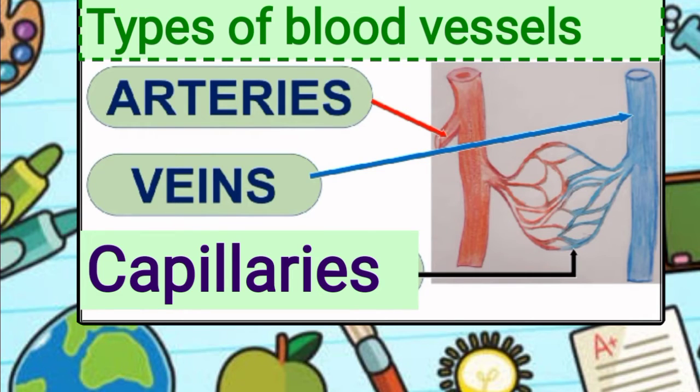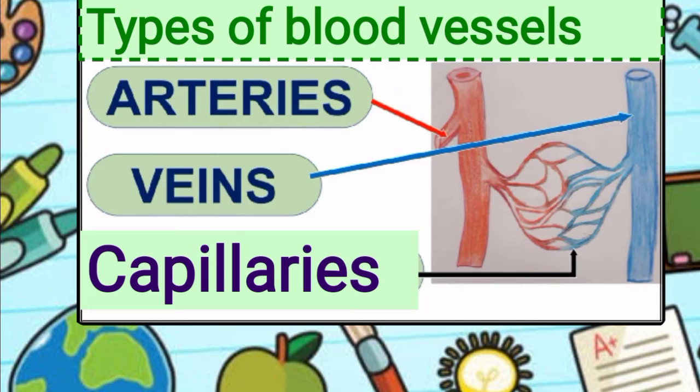Now let's understand what blood vessels are. Blood vessels are thin tube-like structures that run through the entire body to transport blood. Blood vessels that take blood away from the heart are arteries, and arteries get smaller as they go away from the heart.